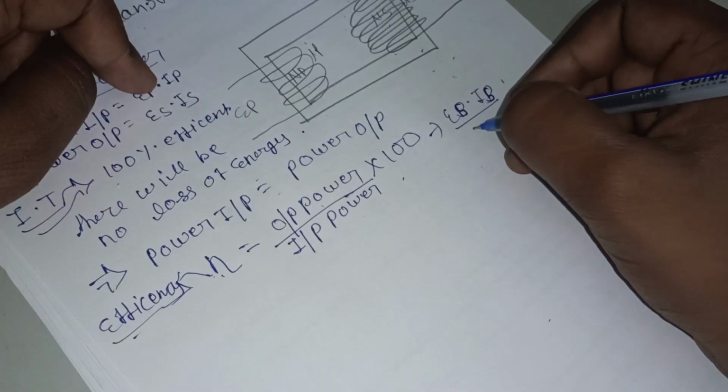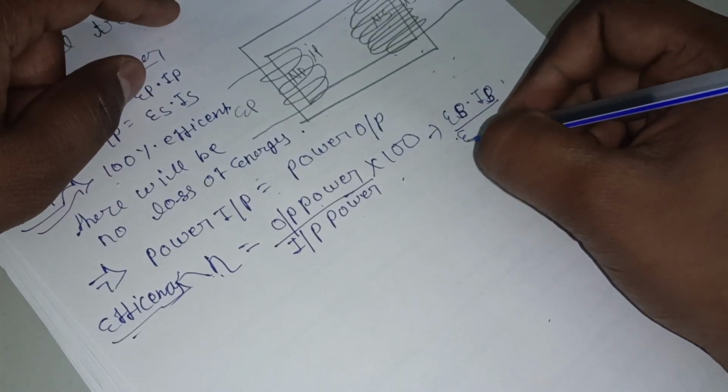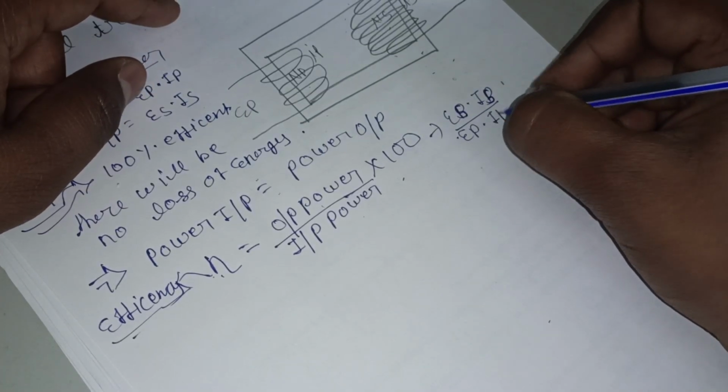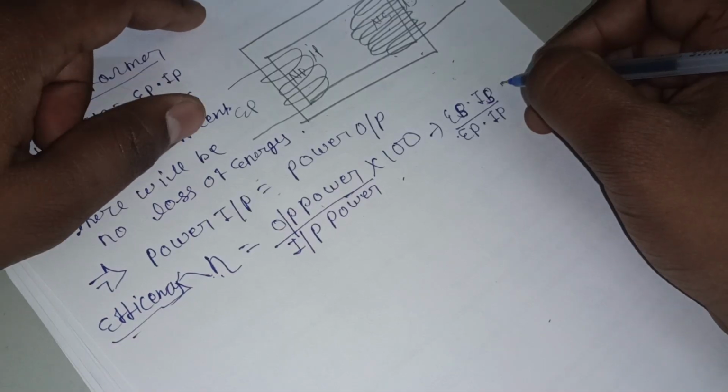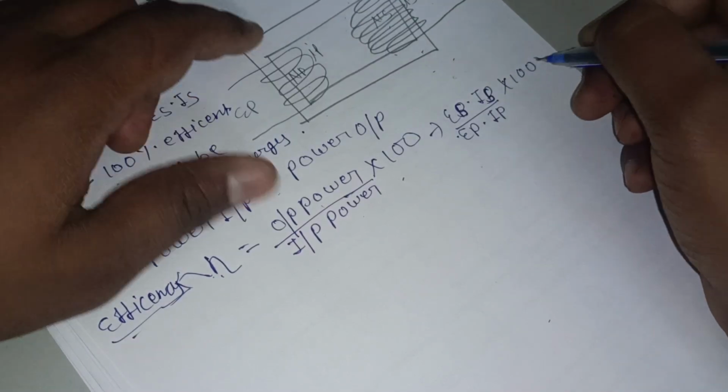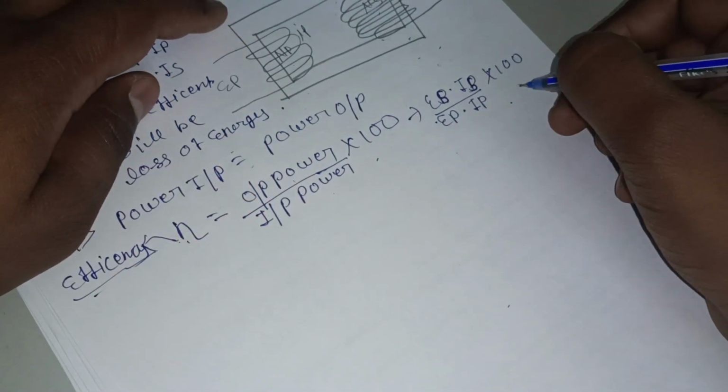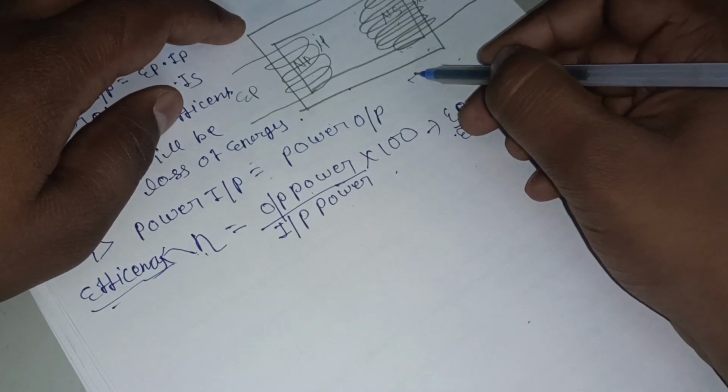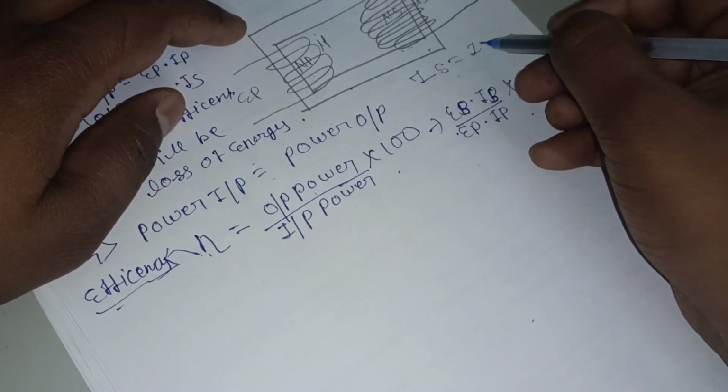Input power is EP into IP, into 100. Since it is ideal, it means input current is equal to output current, right?